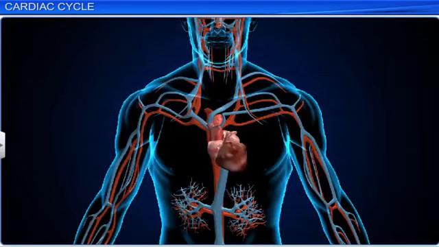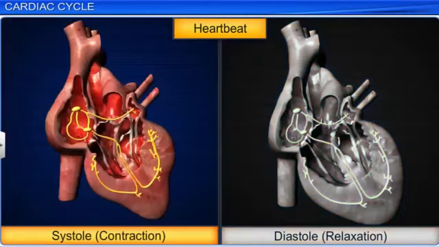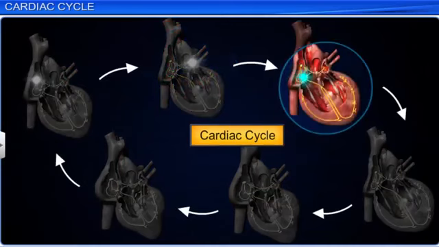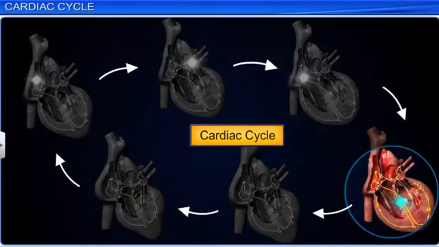When the heart pumps blood, a heartbeat is generated by the systole or contraction and diastole or relaxation of the chambers of the heart. A heartbeat involves a sequence of events that repeats, forming a cardiac cycle.